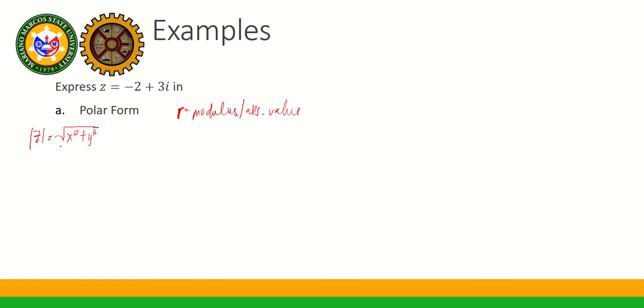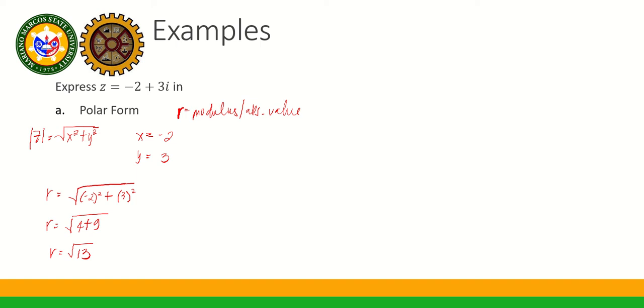So we can use this formula in finding r, given a complex number in rectangular form. So our x now will be negative 2 and our y is equal to positive 3. So in computing for r, that is equal to the square root of negative 2 squared plus 3 squared. So this is equal to the square root of 4 plus 9. So our r is equal to the square root of 13.